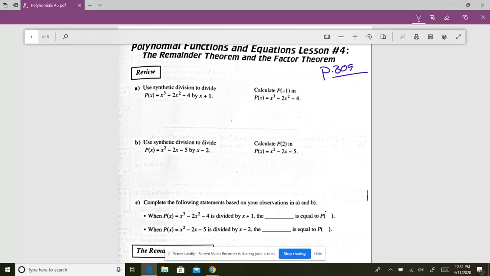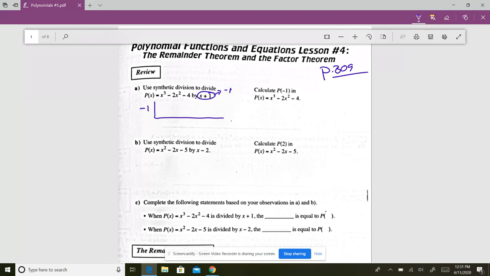All right, so we're going to do a quick review. We're going to use synthetic division to divide x cubed minus 2x squared minus 4 by x plus 1. So we'll do our little table here. We got the number out front here. It's what makes this 0. Negative 1 goes out front.